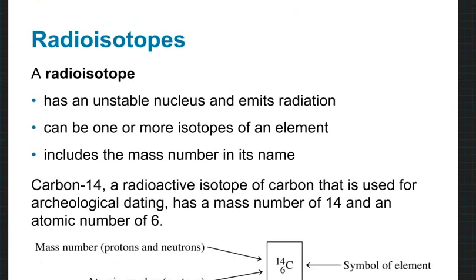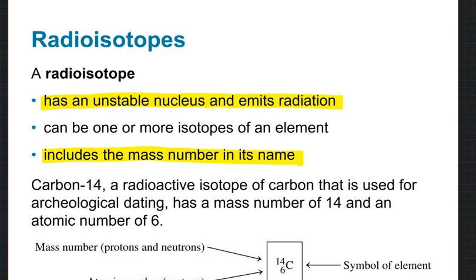So a definition of a radioisotope is that it has an unstable nucleus and emits radiation. Can be one isotope, can be many. But when we talk about those isotopes, we always include the mass number in the name of the isotope.